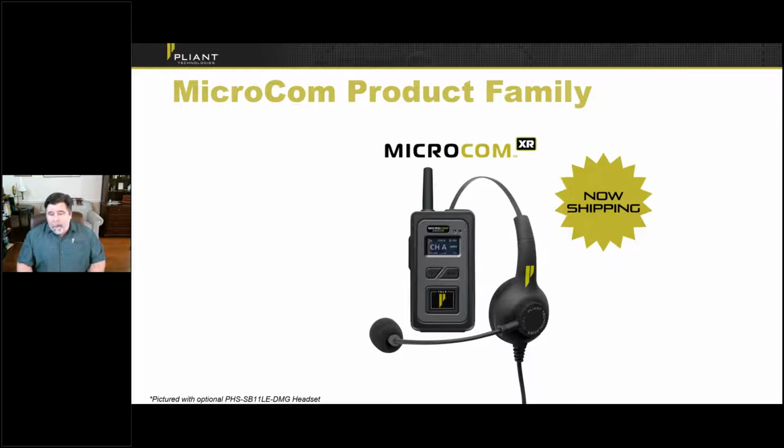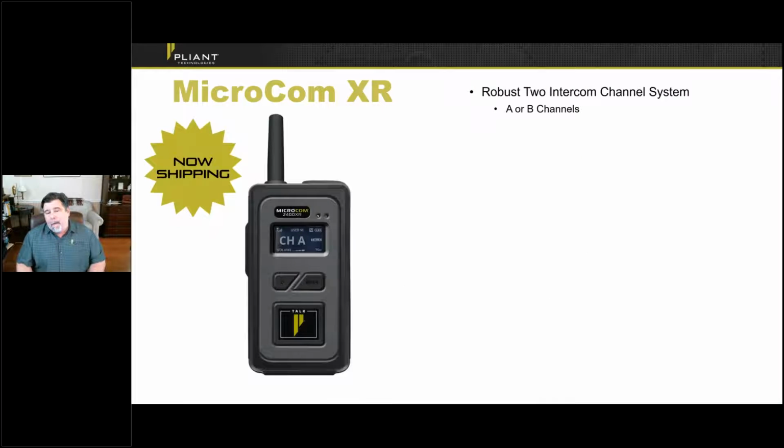The Microcom XR is our next product that is now shipping. And this is an A or B channel, a 2-channel system, as opposed to the M, which was a single channel system. So you're gaining 2 channels of capability with the XR. Again, same pack-to-pack operation philosophy that we spoke about earlier on in the presentation.